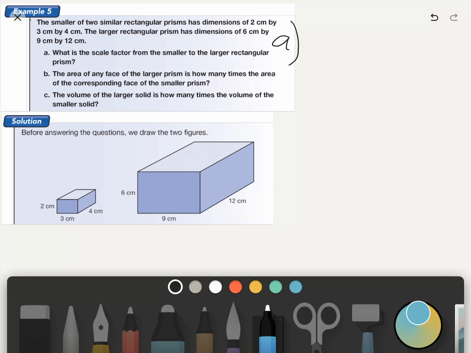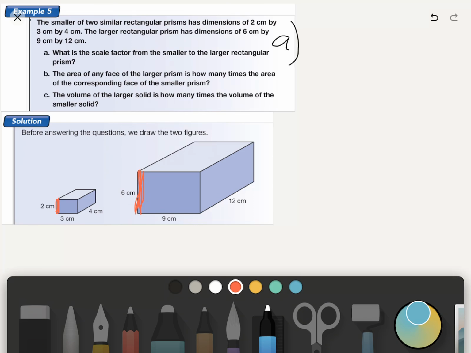If we're looking at these two rectangular prisms, the smaller has dimensions 2 by 3 by 4, and the larger one has dimensions 6 by 9 by 12. What would be the scale factor from the smaller to the larger rectangular prism? Well, I think what they mean here is the edge. So what is the scale factor for just one edge?